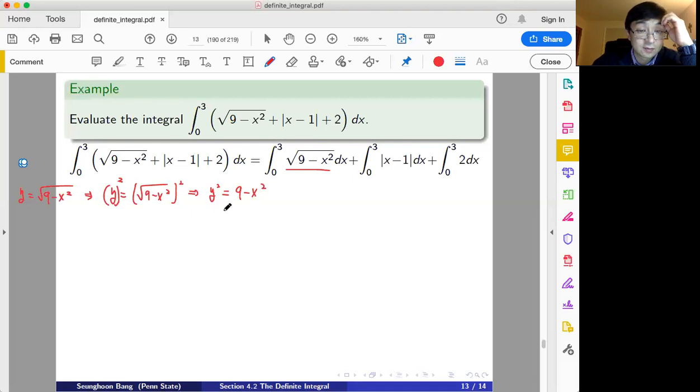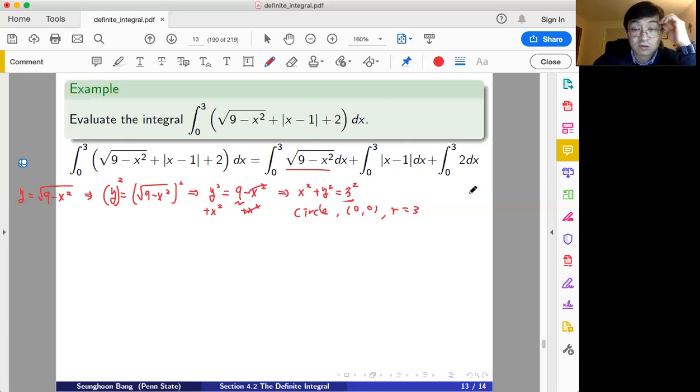Add x squared to both sides. Cancelled. So we have x squared plus y squared equals 9. The 9 is the same as 3 squared. So this is a circle. Center is (0, 0), radius is 3.